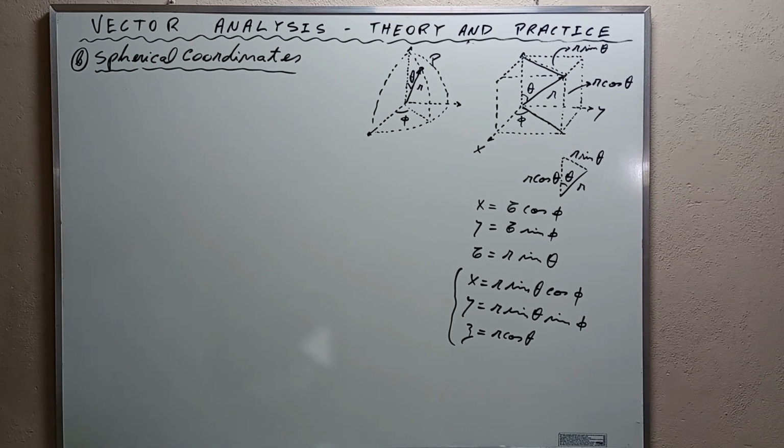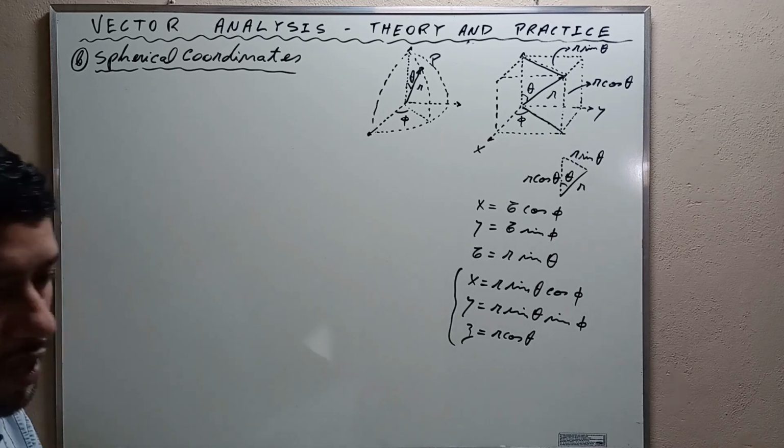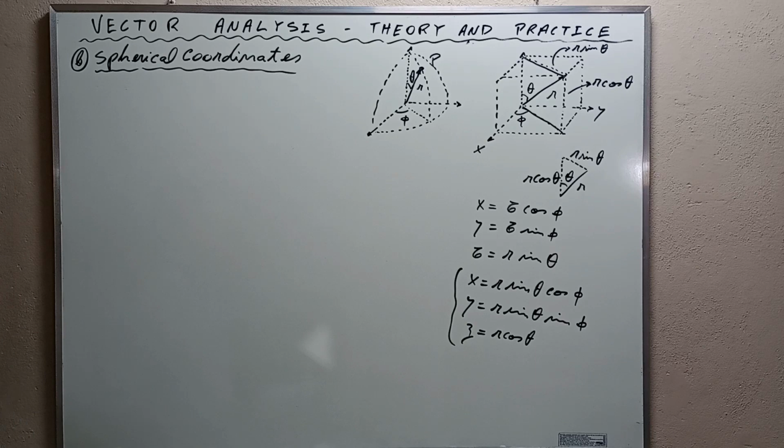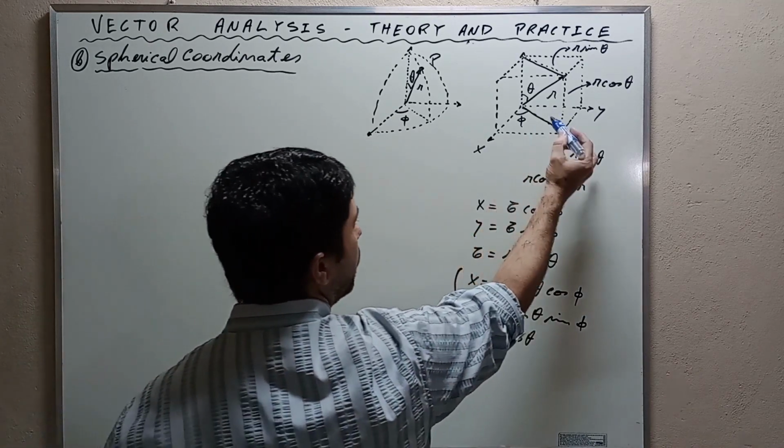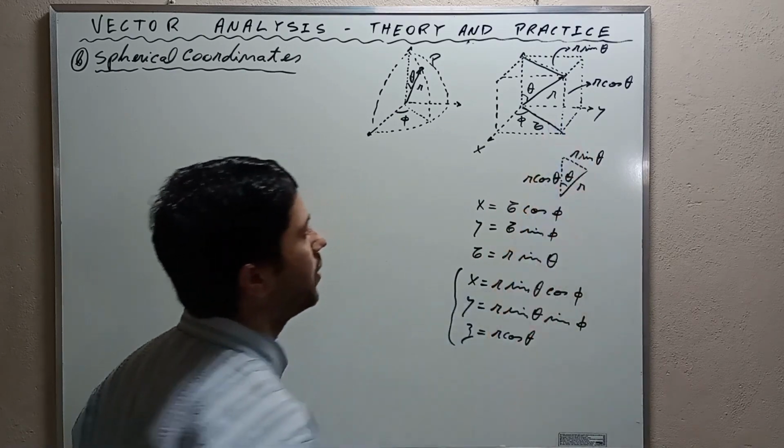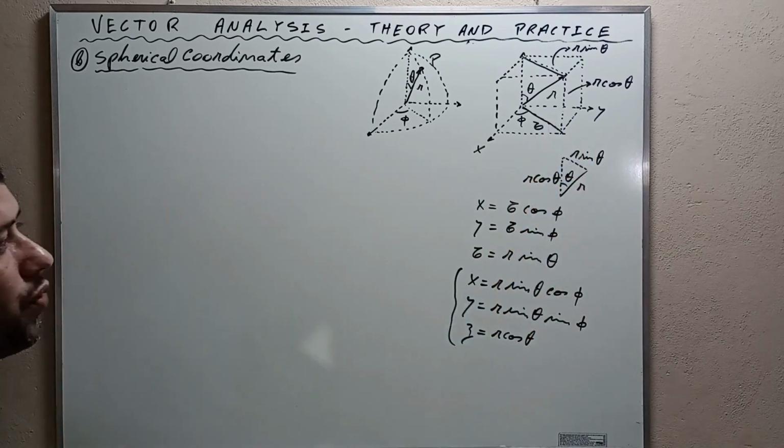Now, what if we have the Cartesian and want to convert to spherical? That's a good question, isn't it? Let's remember this tau here. How do we express tau in terms of x and y?